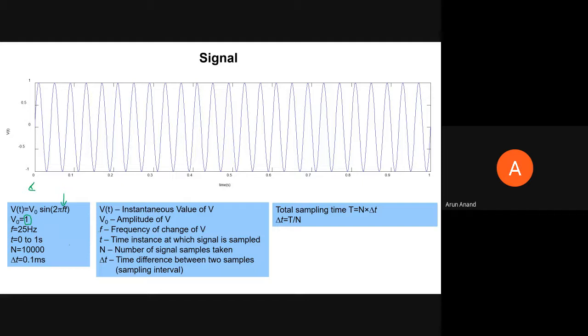So the total number of samples, so you are going from 0 to 1 second, and in this case I am using a total of 10,000 samples from 0 to 1 second. I'll come to that sampling a little bit later.